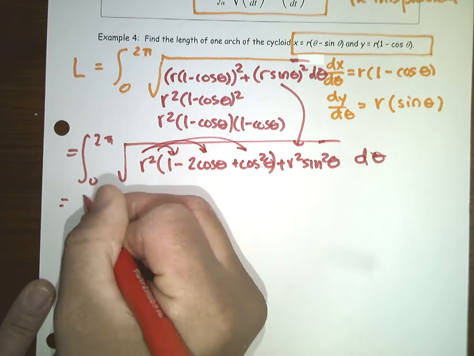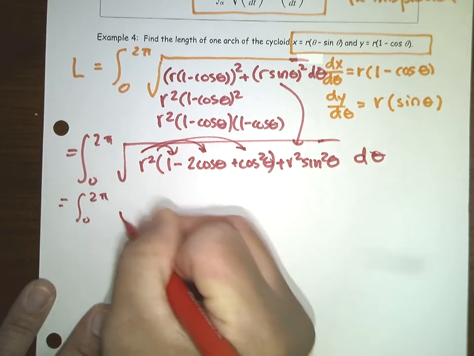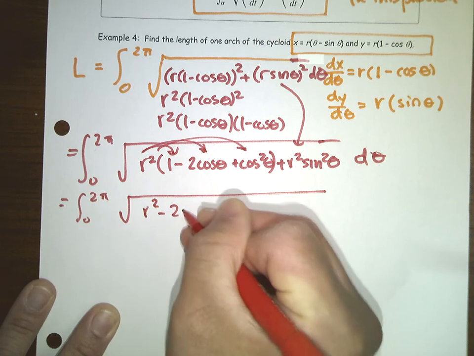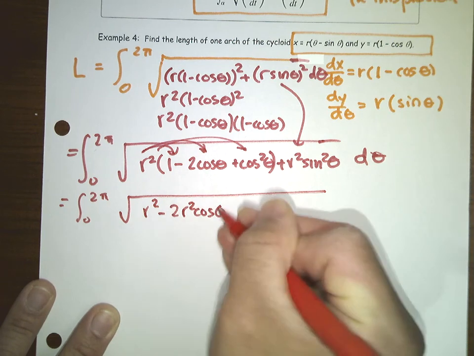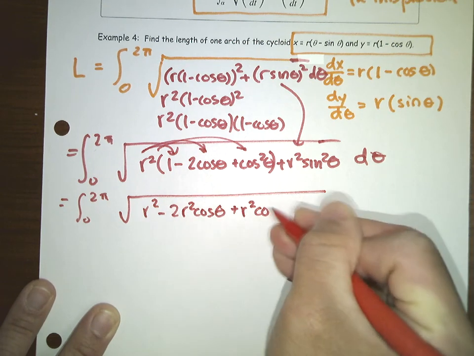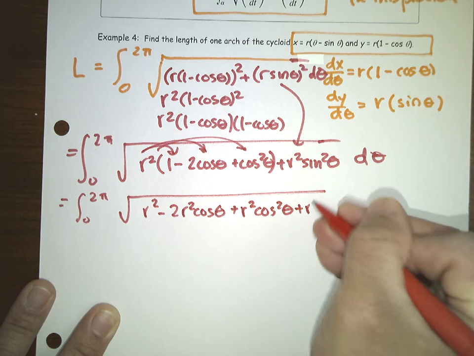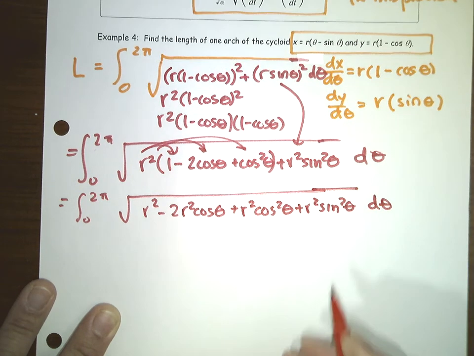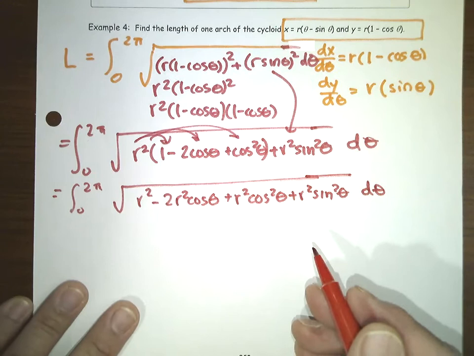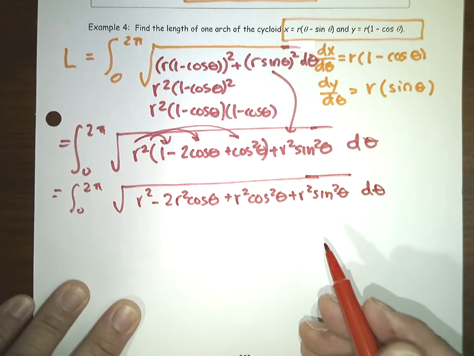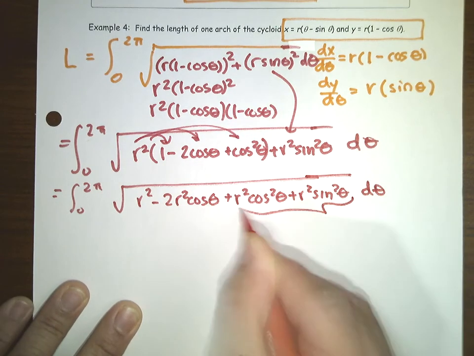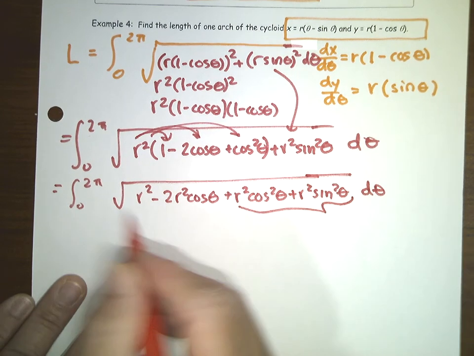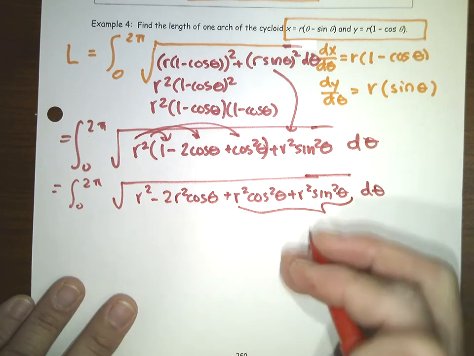So we have the integral from 0 to 2 pi of the square root of r squared minus 2r squared cosine of theta plus r squared cosine squared theta plus r squared sine squared theta d theta. Then how about these first two terms and then these last two terms separately?